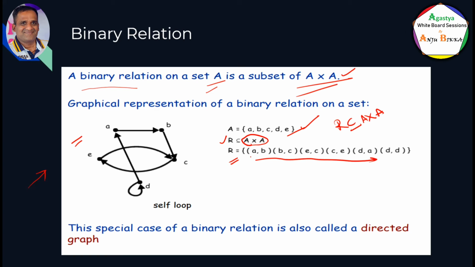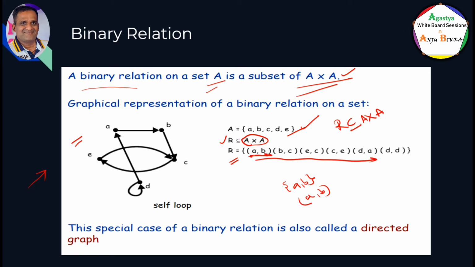Now we are representing the directed graph as a sequence, as a tuple. In the case of an undirected graph, we use this notation. In the case of a directed graph, we use this notation.